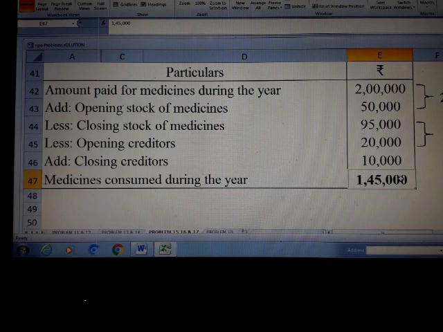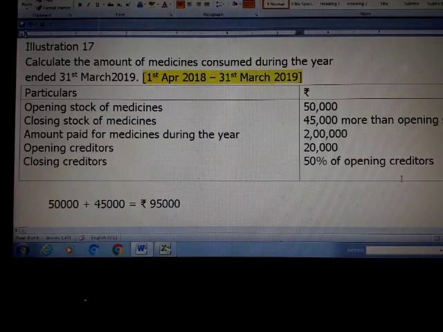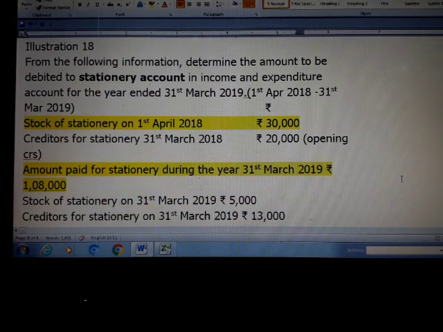I should show this amount of 1,45,000 in my income and expenditure account on the debit side. Any doubts, students? Right. Let's move on to the last question, that is question number 18.